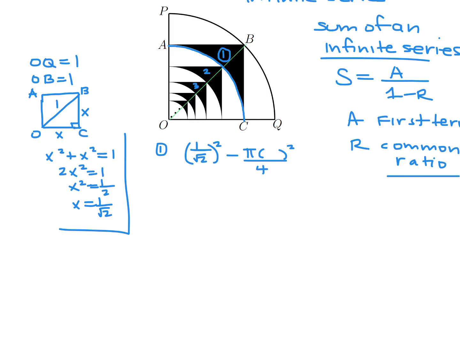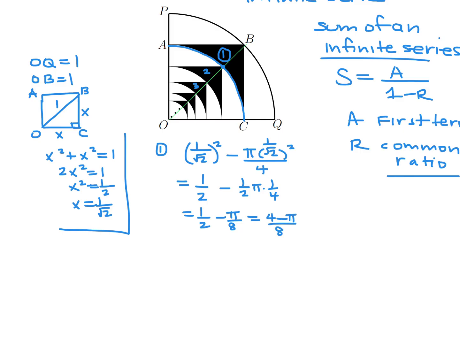And the radius of that quarter circle would be the distance from O to here, and that's the same as the distance from O to C. And O to C we just figured out was 1 over root 2. Okay, so that makes my life easy. So that's a half minus a half pi over 1 over 4. So that's a half minus pi over 8. And therefore it would be 4 minus pi over 8.